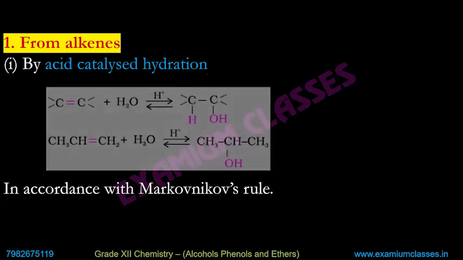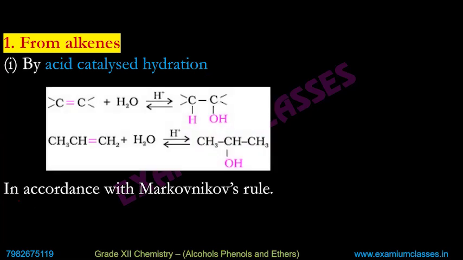Acid catalyzed hydration. In accordance with Markovnikov rule, when alkenes react with water, water is HOH, the negative part OH minus will get attached to that carbon which has less number of hydrogen atoms. In this case, this carbon has fewer hydrogen atoms. These are two carbon atoms of the double bond.